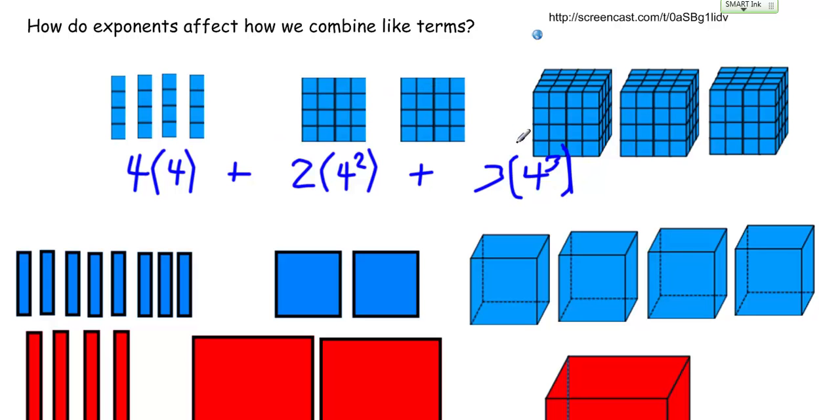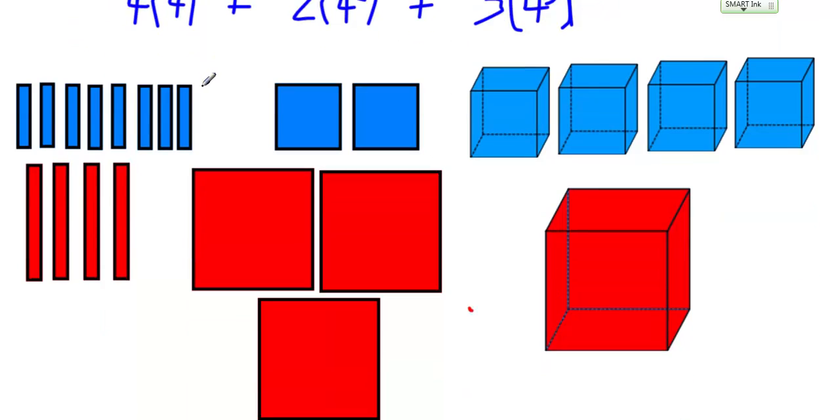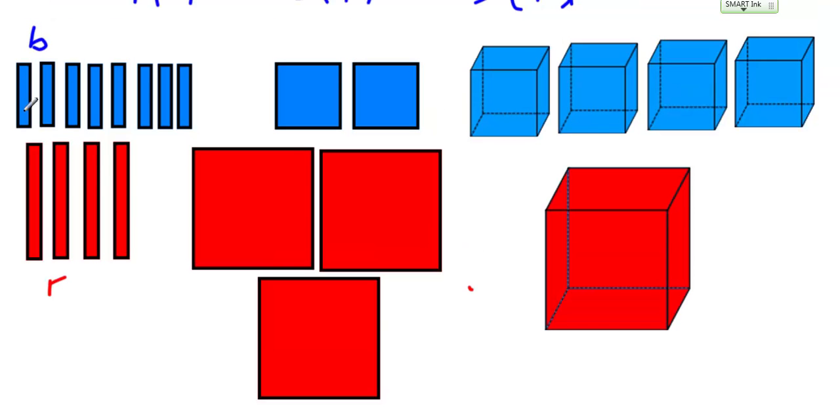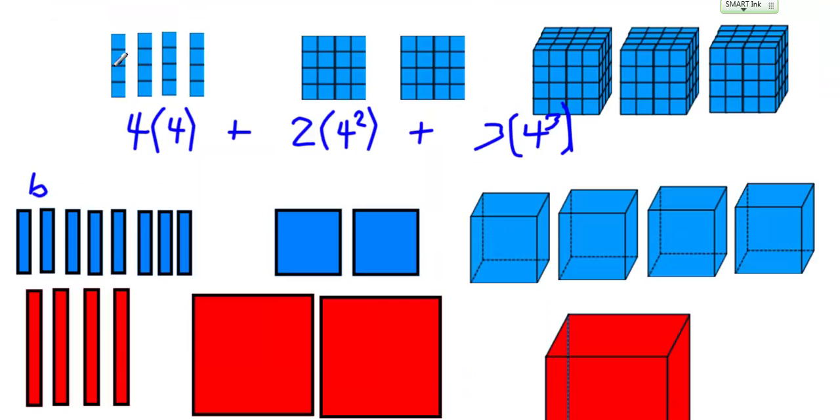Now let's see if we can understand how this relates to this question of how do exponents affect how we combine like terms. Now down here I have a model that represents 2 different colors. So let's use the variable B for blue, and we'll use the variable R for red. Now let's start out, we don't know what this is, so this could be 4, this could be 5, so let's look at the one that we do know.